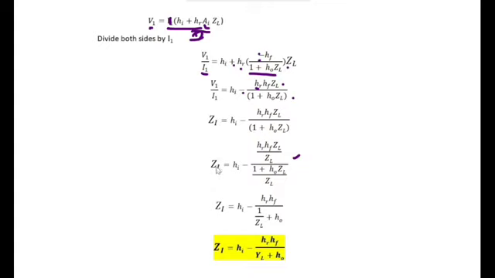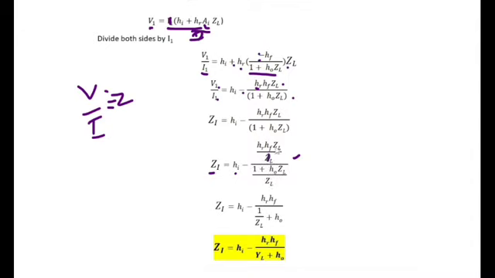We know that V1 by I1 is nothing but ZI, the input impedance, since voltage by current is impedance. Here the voltage and current are from the input side, so we replace this with input impedance, and the equation will be ZI is equal to HI minus HR HF ZL by ZL, whole divided by 1 plus HO ZL by ZL.